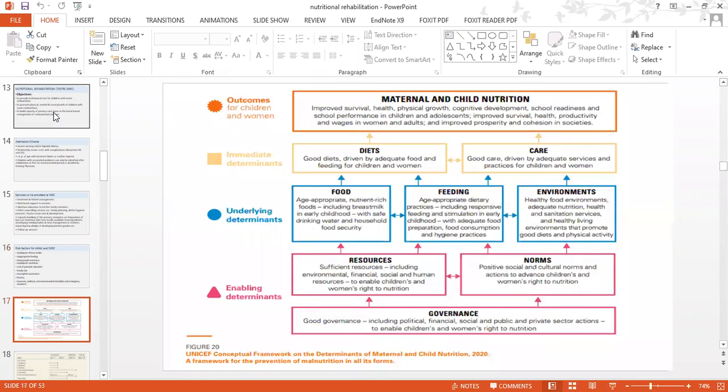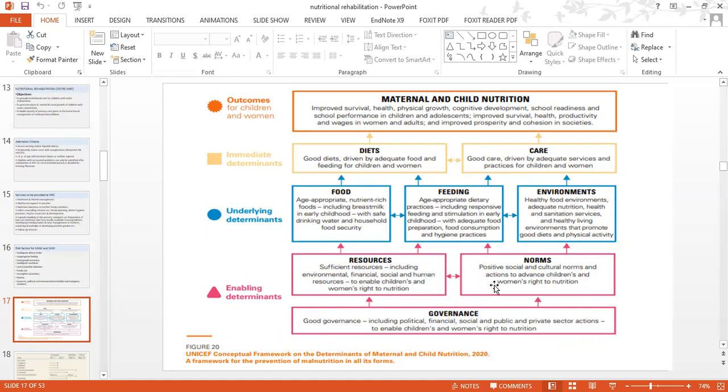Here you see a web of factors which come into play when we talk about the nutrition of mother and children. Apart from the efforts put in at the government or private sector level, you have to consider the resources, and resources not only include financial resources, but importantly environmental, social, and human resources.